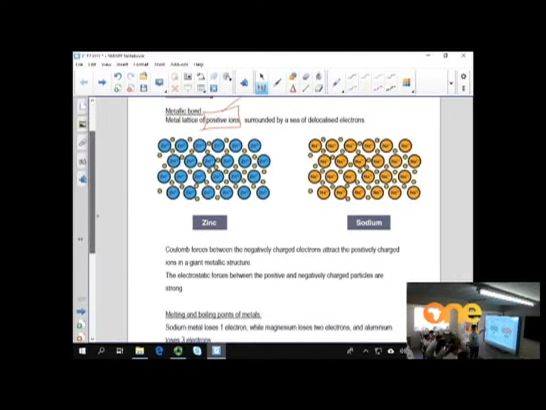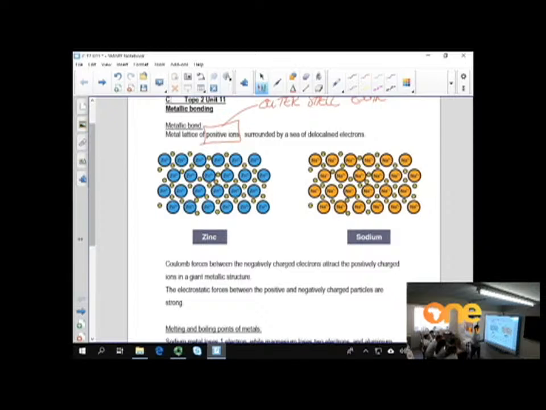Now, we say the Coulomb forces between the negatively charged electrons, the delocalized ones, attract the positively charged ions, the metal ions. Why do we have ions? They've lost their outer shell electrons.